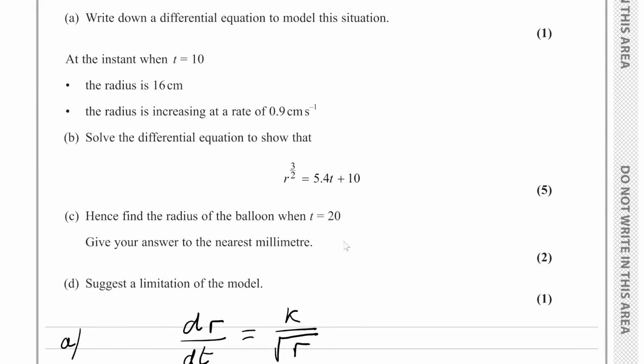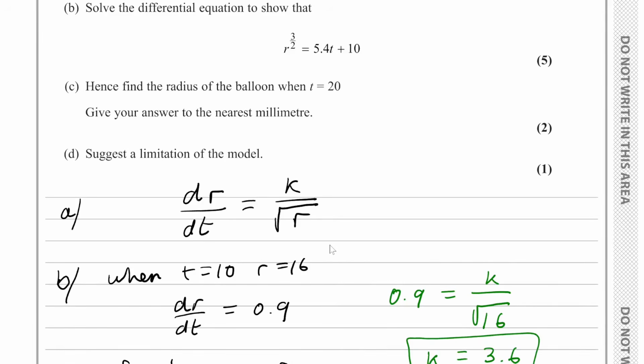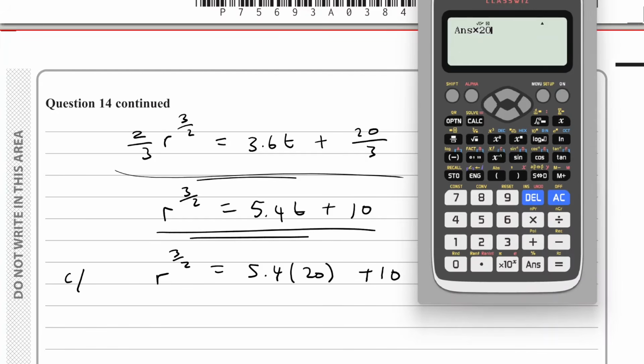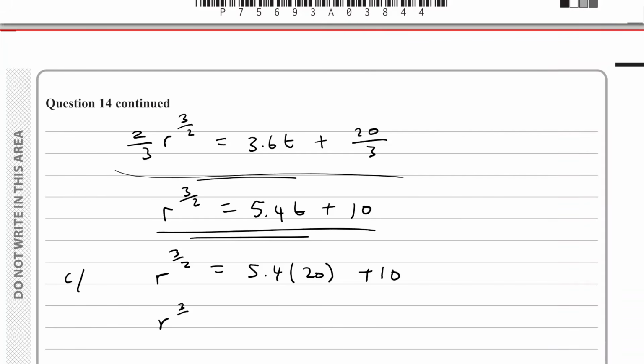Hence, find the radius when t is 20. So when t is 20, it's just a substitution. Times 20 plus 10, 118. So r to the power of 3 over 2 is 118. To get r by itself, we want to do both sides to the power of 2/3.